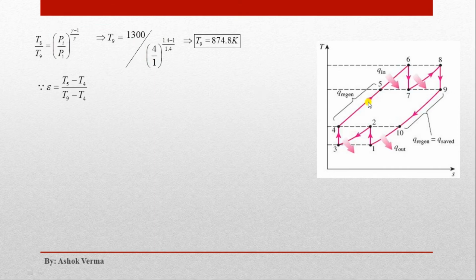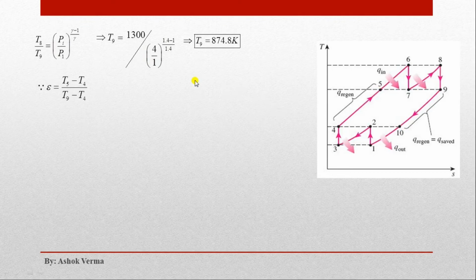So you have calculated T2, T4, T7, T9, and you now have to calculate the temperatures T5 and T10. Only these two are unknown.